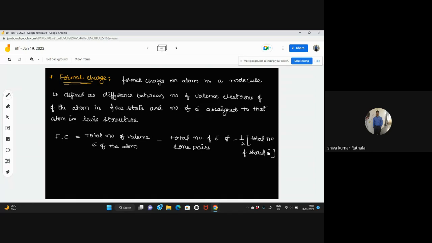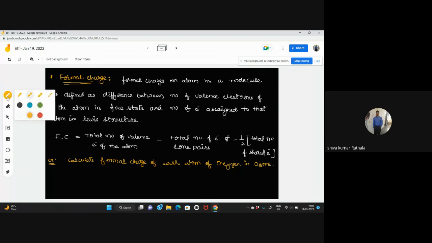Okay, now students. So, for example, I want to calculate the formal charge on each atom of oxygen in ozone.